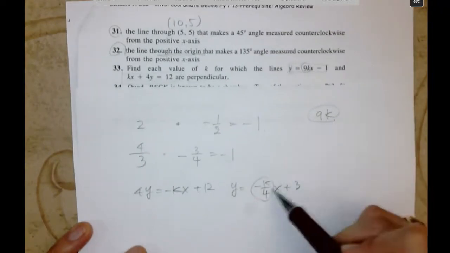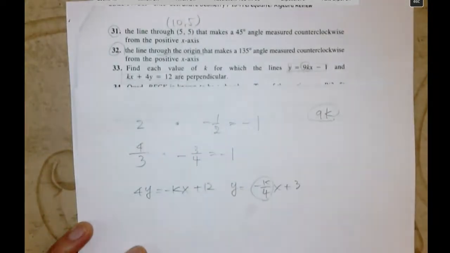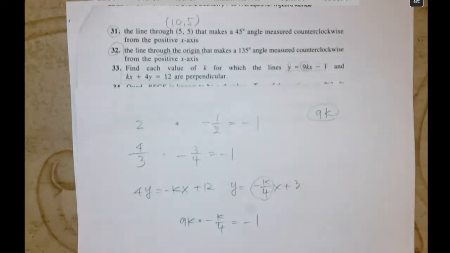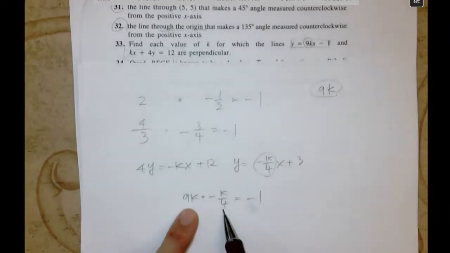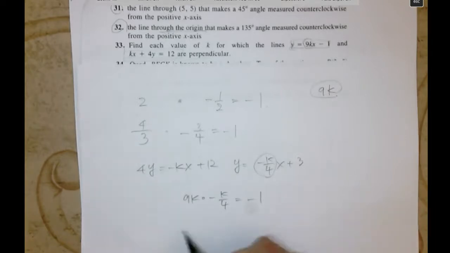So this times this has to be -1 for these two lines to be perpendicular. Okay, so 9k times -k over 4 has to be -1. Okay, this -1 will guarantee that these two slopes are going to be perpendicular to each other. Okay, so this is minus, the denominator is 4, numerator is 9k squared, equals -1.